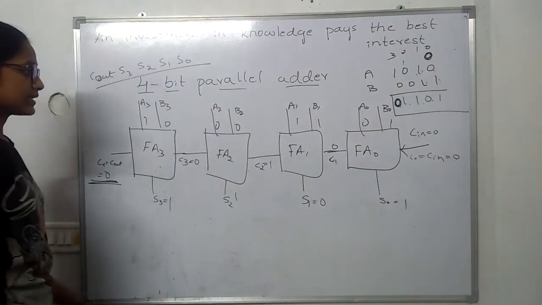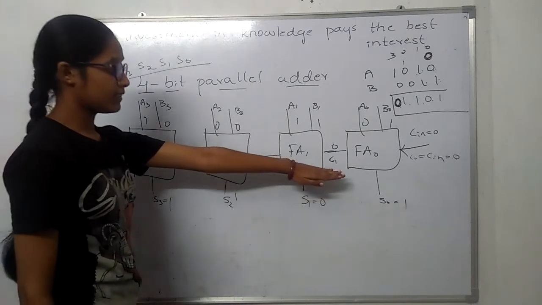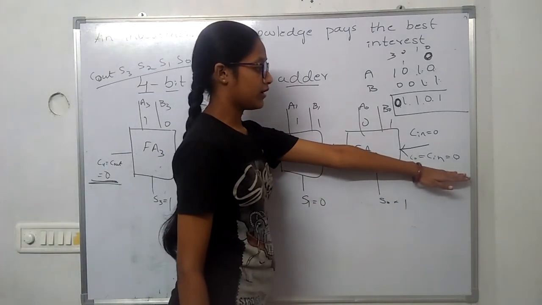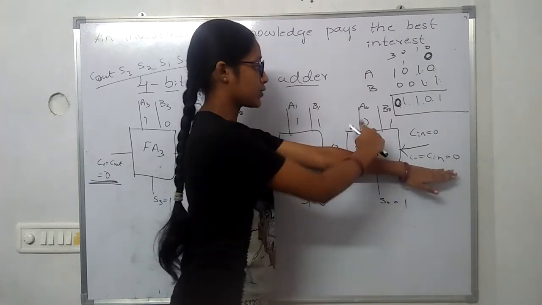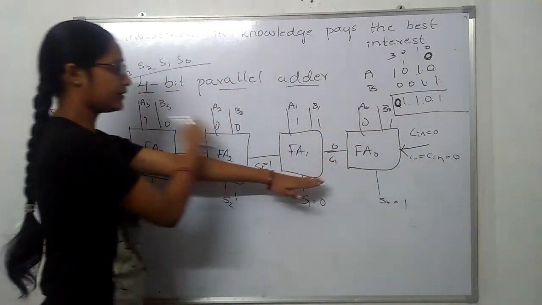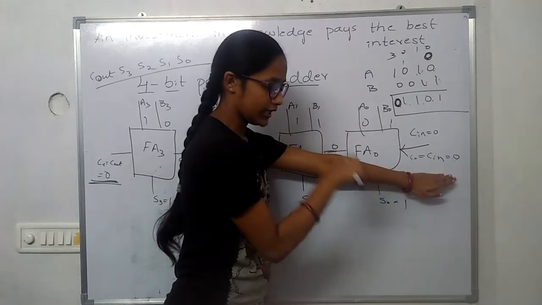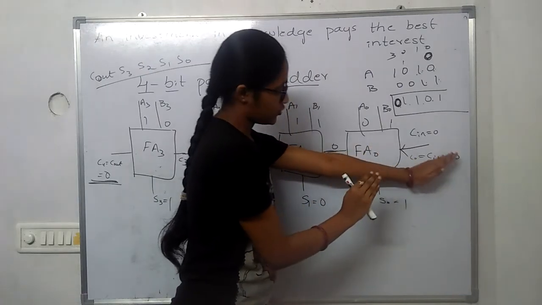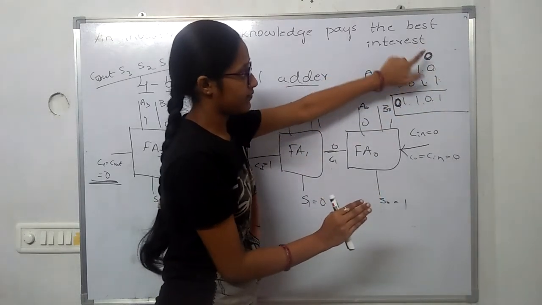Fine. Nothing but we have to give 4 full adders. Initially we have to give C in equal to 0, as a full adder has 3 inputs. So A and B are primary inputs, augend and addend, augend and addend, augend and addend, and then augend and addend. And then primary input carry, primary carry. So the primary carry that we generated is 0.